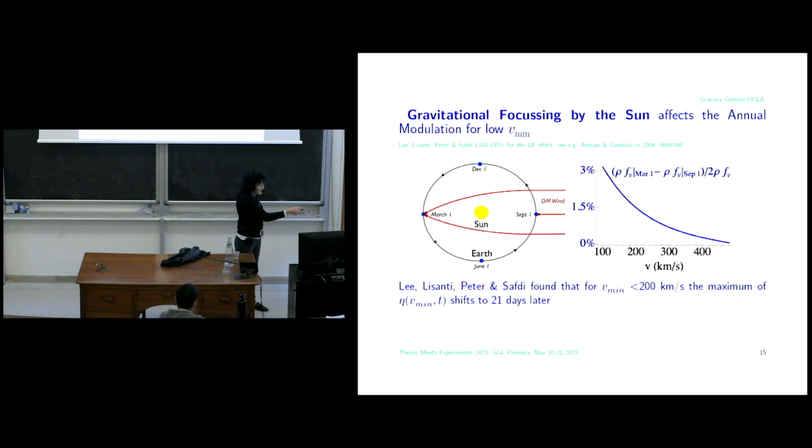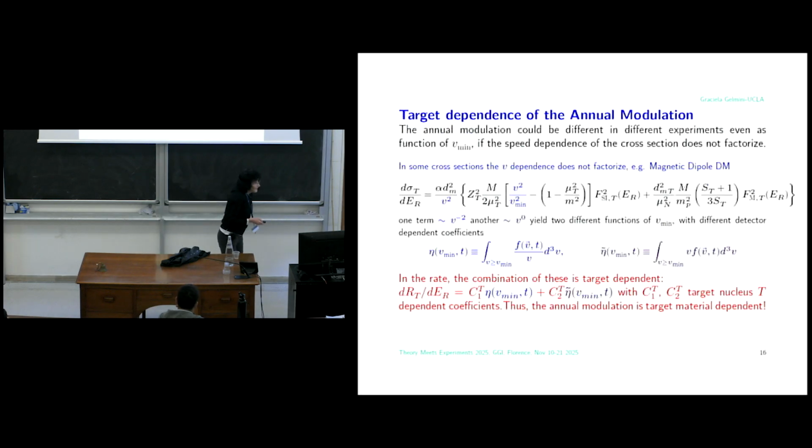In any case, if your v mean is below 200 kilometers per second, the maximum of eta shifts by 21 days. So this is an effect that at some point you will have to take into account if there is an annual modulation. I'm showing you all the complications just to give you an idea of all the things that will have to be taken into account. This is what he was mentioning, right?